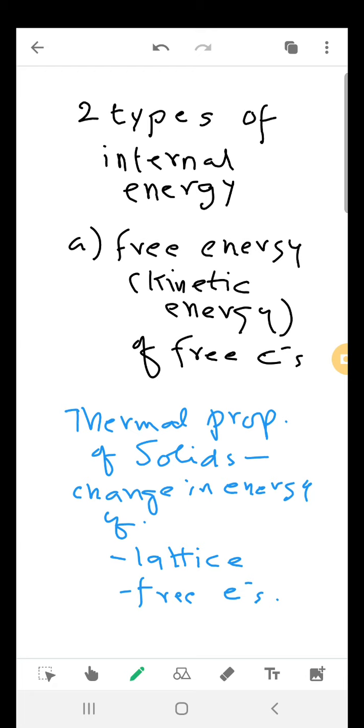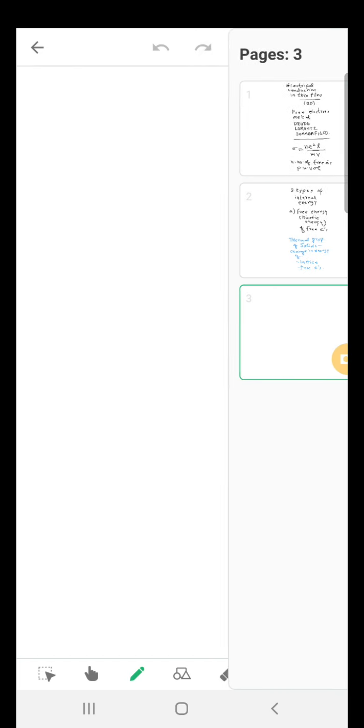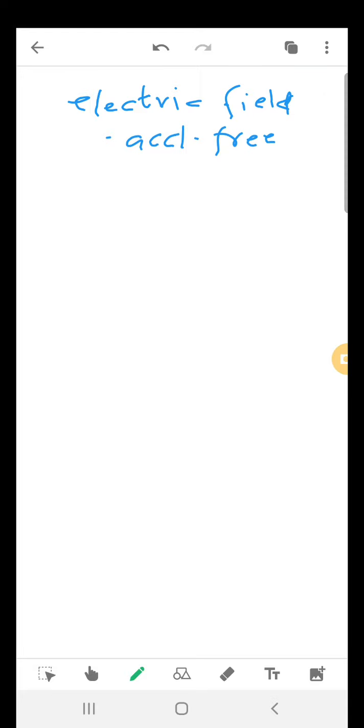Now, when we apply an electric field, naturally the free electrons will be accelerated, which will lead to an increase in their kinetic energy.